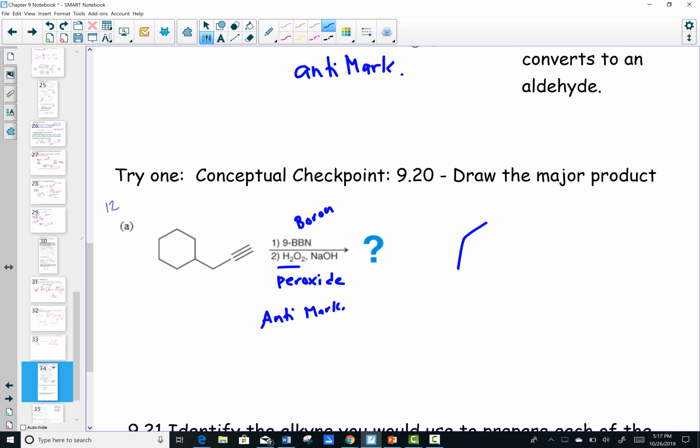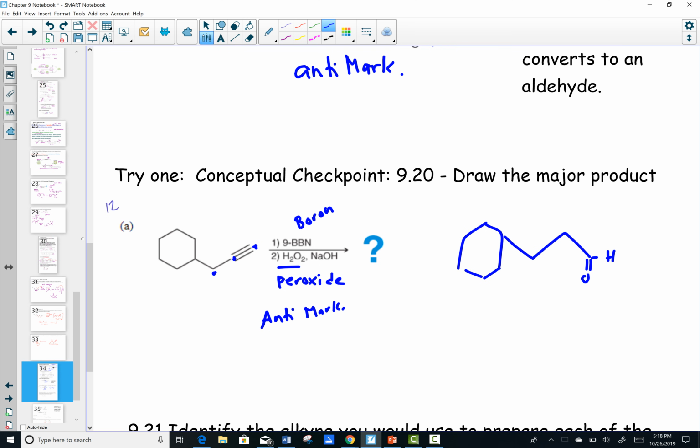So I have a cyclic structure, a 6-membered ring. Coming down, I have 1, 2, 3 carbons. And at the very end of that carbon chain, you'll end up seeing the aldehyde formation.